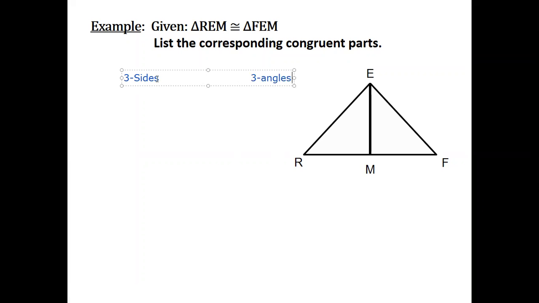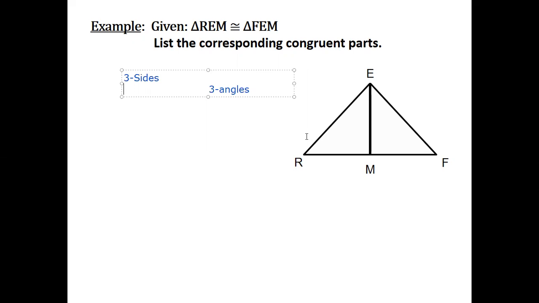Then we go back to the two triangles and describe which two sides are congruent. We start with RE with FE, EM with EM. EM with EM, what is this called? We can note that we have a shared side between the two triangles.